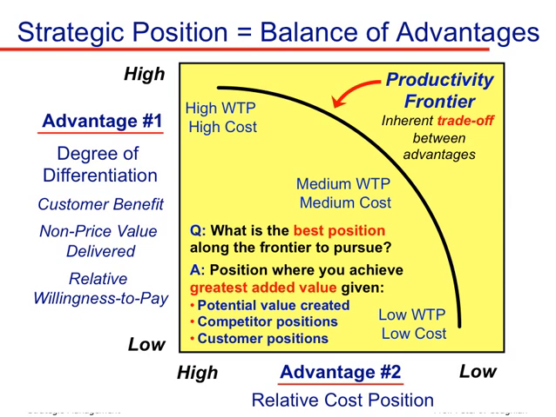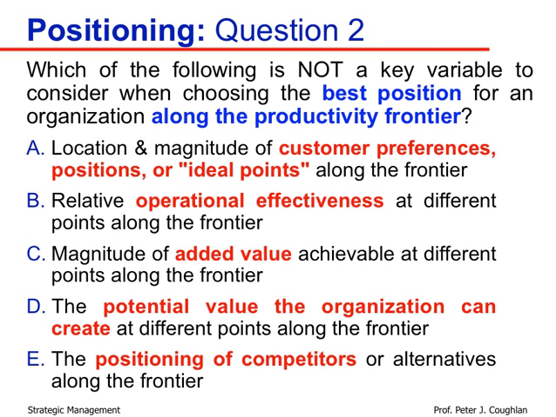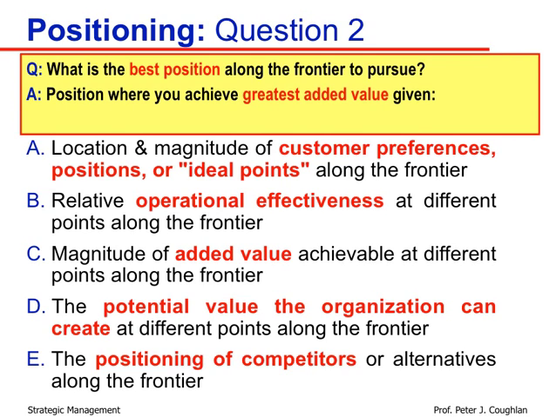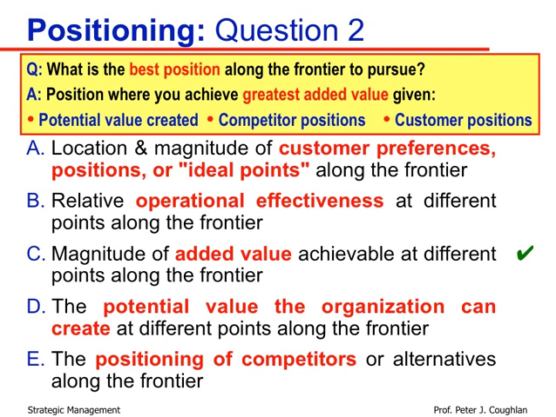But first, if we go back to the quiz question and superimpose what we just saw: what is the best position along the frontier to pursue? Remember, the answer was the position where you achieve the greatest added value. So one of the things to consider is item C here. The magnitude of the added value achievable at different points along the frontier is indeed something to consider when choosing where to be along the frontier. But that is driven by three factors: the potential value created, the competitor positions, and the customer positions.